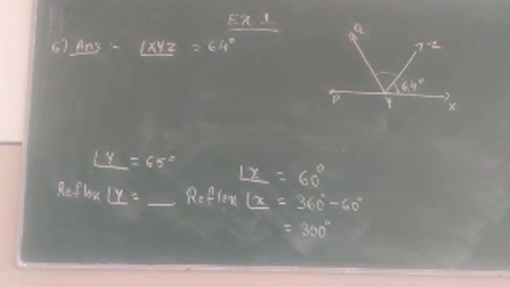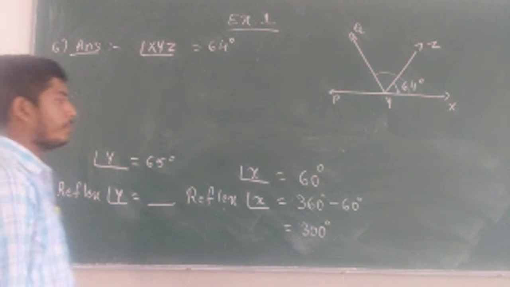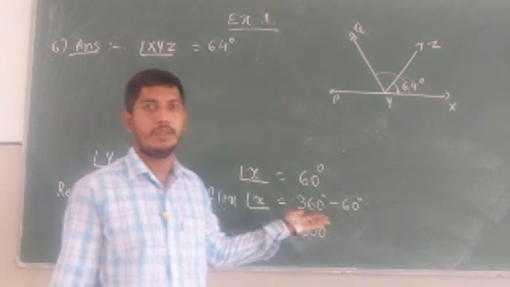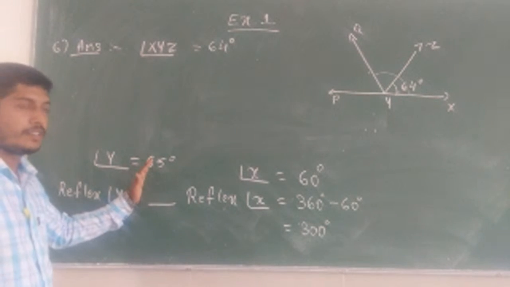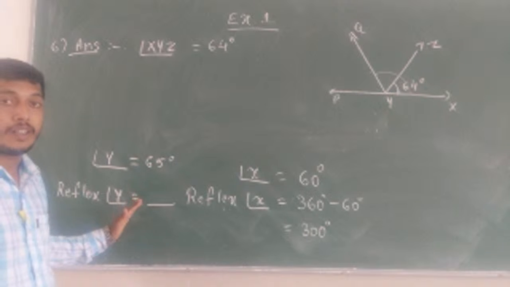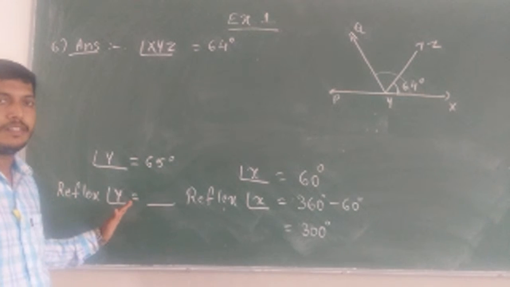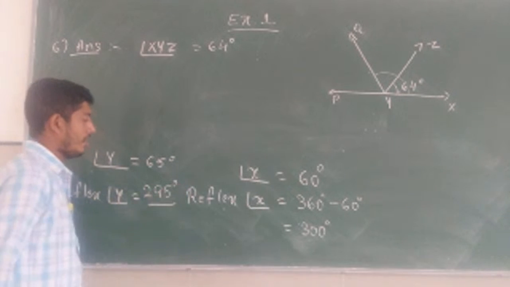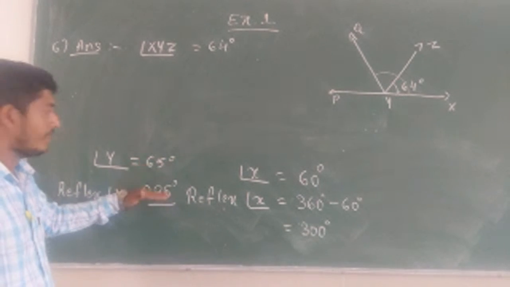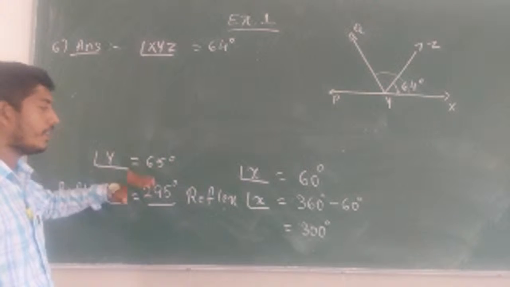In the first one we learnt angle x equals 60 degrees, and the reflex of angle x means 360 degrees minus 60, which gives 300 degrees. Now in the second case, angle y equals 65 degrees, and the reflex of angle y equals how much? It is 295, because 295 plus 5 is 300, and 300 plus 60 is 360 degrees.